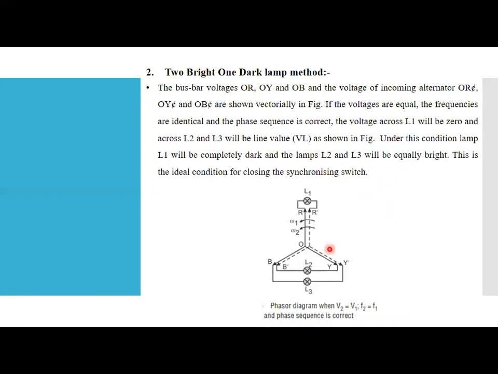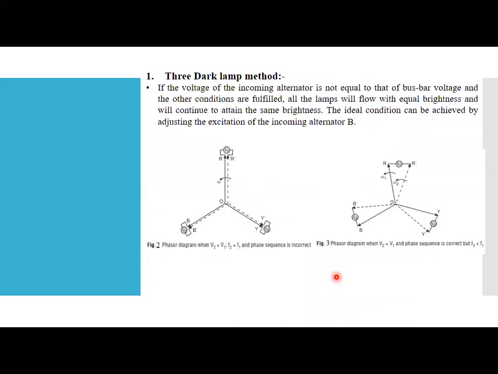So now you can see this is my O. Now you can see the lamp connected between. Here in that case, you can see this lamp is connected with B dash, Y dash, R dash. But here the first lamp will be the same, R dash. But now the second lamp is connected between BY dash and the third lamp will be connected between YB dash.